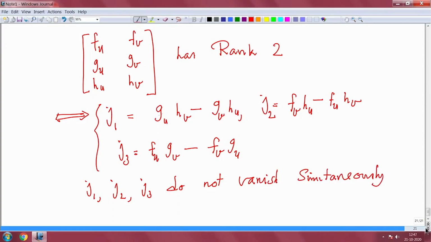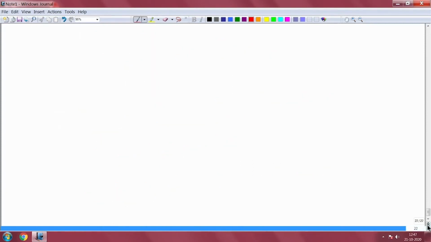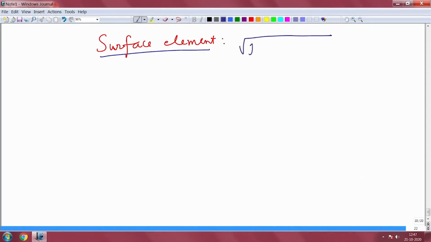So, with this you get a surface element. Your surface element will be, this is exactly the one-dimensional case we have seen, and I am writing it in a very general form, the surface element will be the square root of J1 square plus J2 square plus J3 square, delta u delta v.